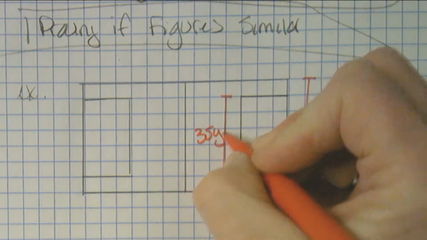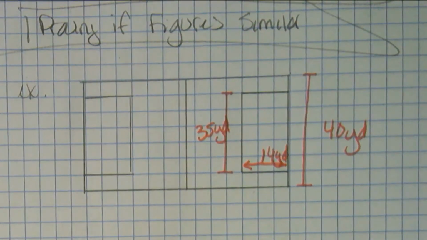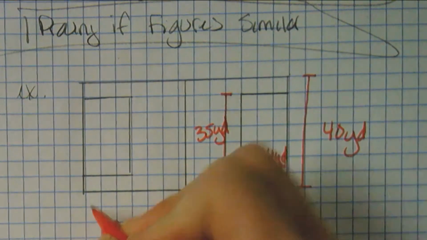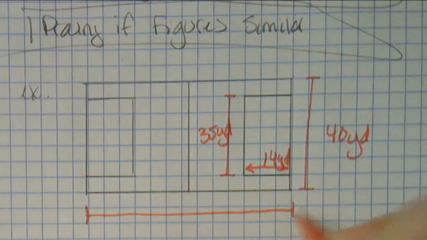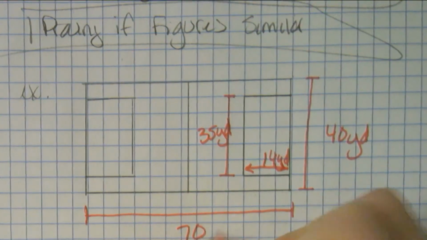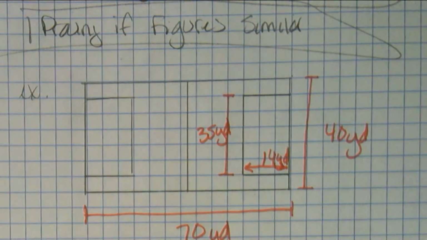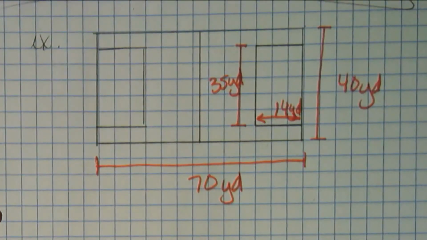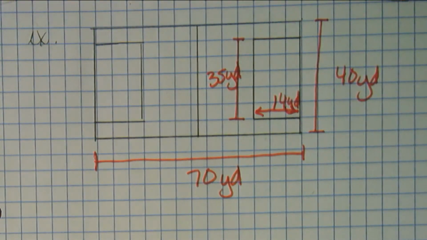You can see what I mean by those dimensions on mine. And then the whole field is 70 yards long. So here are my dimensions. Make sure you have this drawn properly. If you like the colors, you can use colors. If you don't, that's cool too.